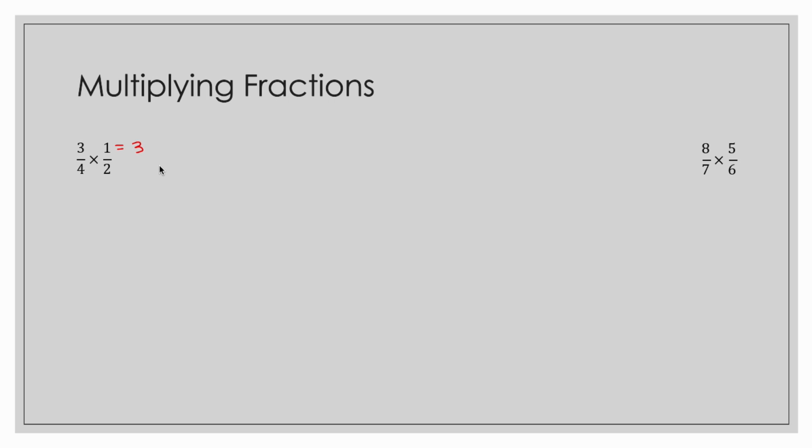And then we multiply the denominators. 4 times 2 is equal to 8. And all we do is put our fraction line in between. So our answer is 3/8. Simple, right? It's much easier than addition or subtraction.